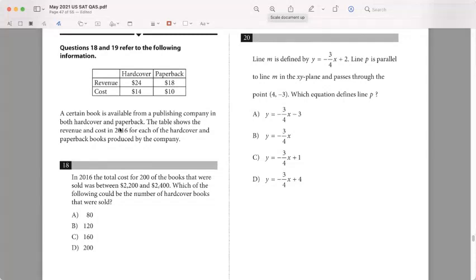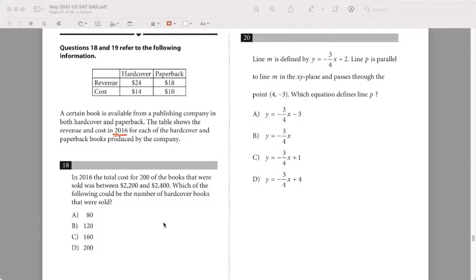Okay, so this is revenue and cost in 2016. Okay, so my revenue was between, sorry, not revenue, my cost. One second, I'll just clear this.